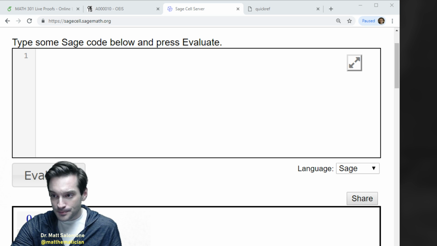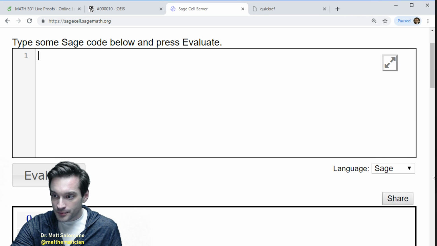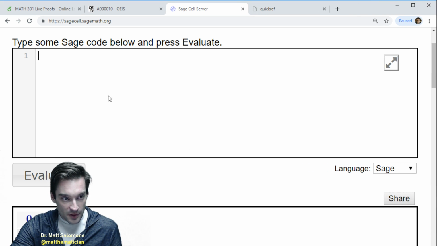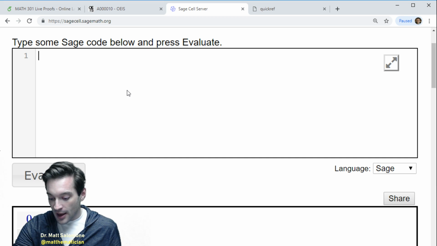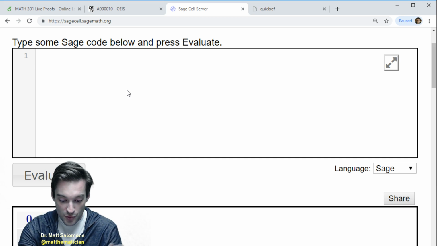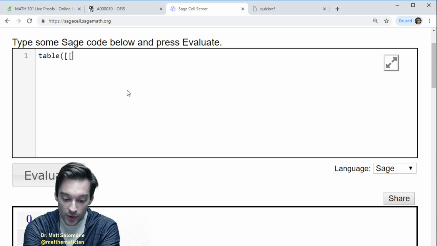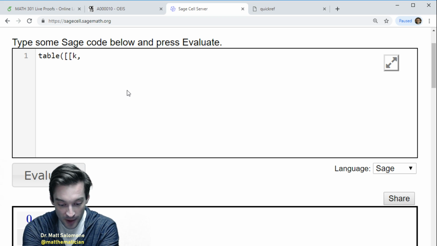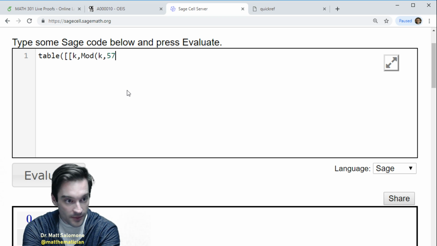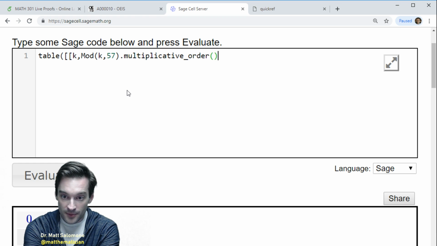So let's suppose that I wanted to know whether or not my group, U57, has an element of order 2. What I can do is I can just have Sage list all of the orders of the elements in U57. So for each value of k, I'm going to have Mod(k,57).multiplicative_order() for k in 1 to 56.